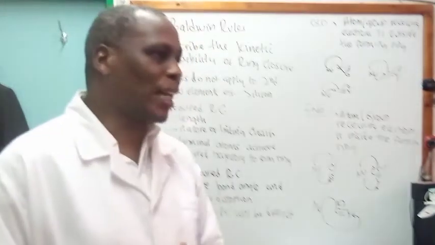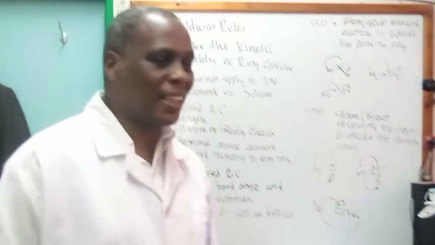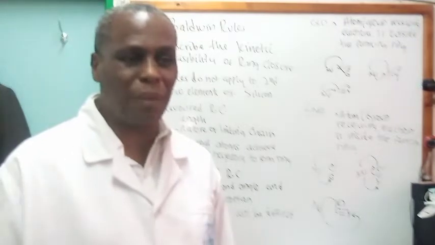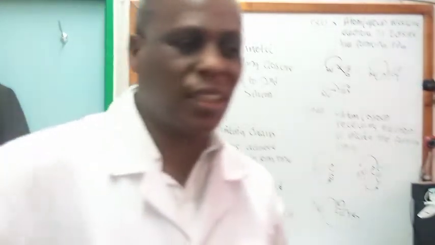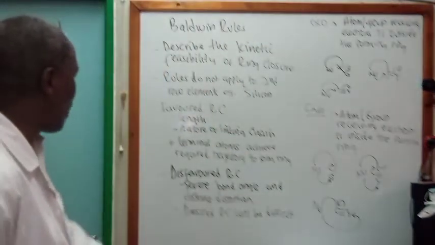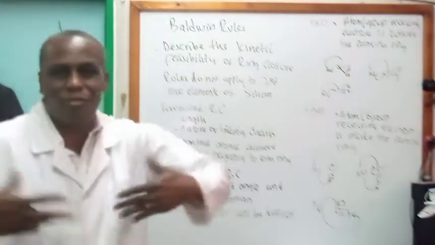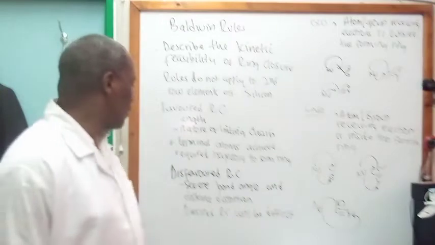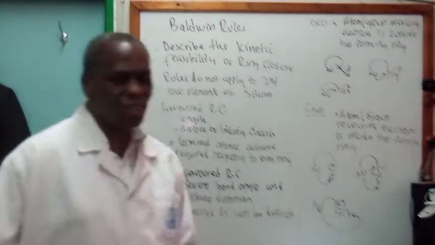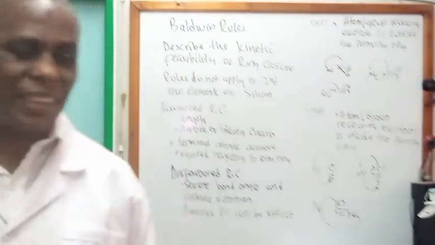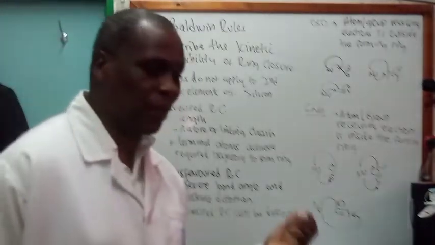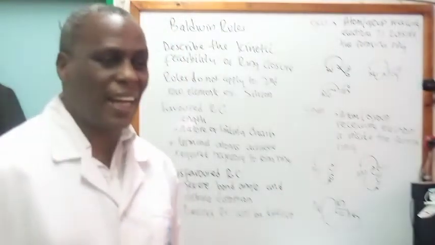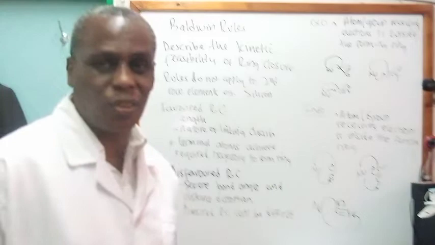This terminology you will come to know in one of the topics which I'm going to be calling pericyclic, where we'll be talking about allowed and forbidden. But in this case, you're talking about favored or disfavored. Later you're going to see, or maybe there are some publications which I may show you, in which there are some exceptions to the Baldwin rules.